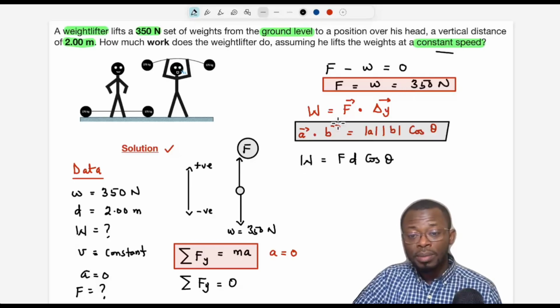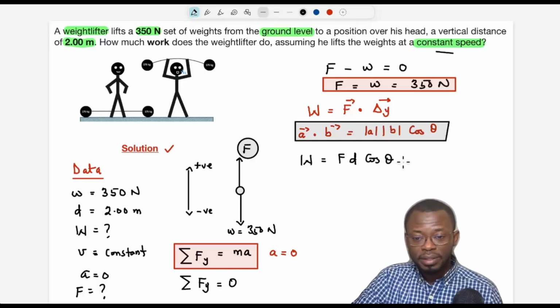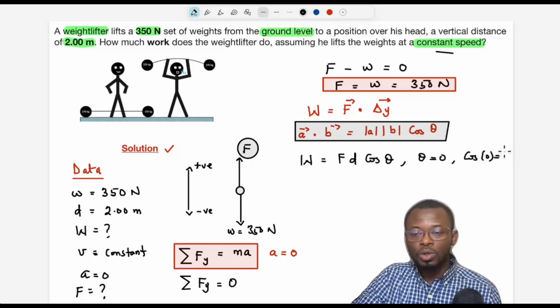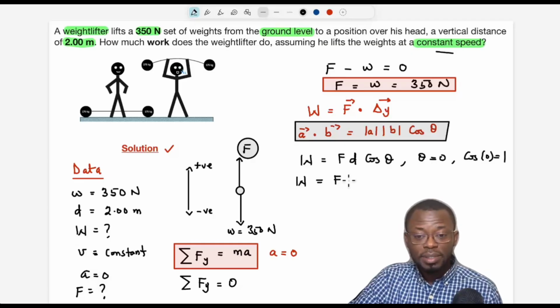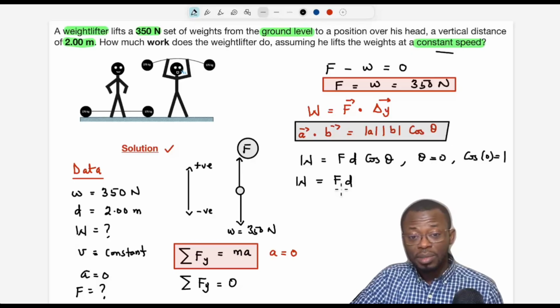The angle between them is 0 since they are parallel. So therefore theta is equal to 0 and cosine of 0 is 1. Therefore, we know that the work done is equal to the magnitude of the applied force, which in this case is equal to the magnitude of the weight, times the magnitude of the displacement in the y direction, in the same direction as the direction of the applied force.